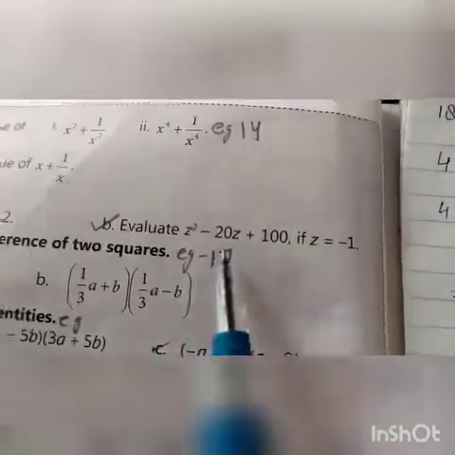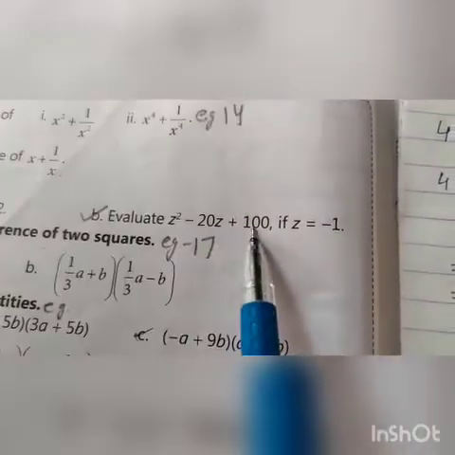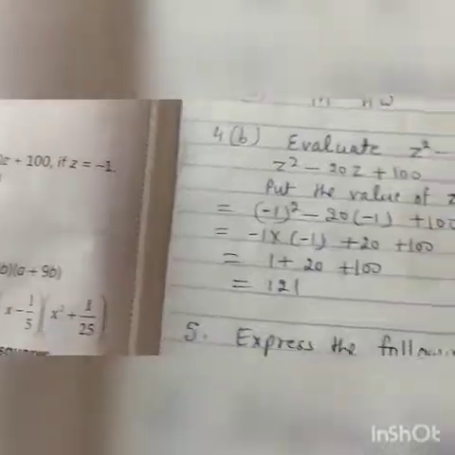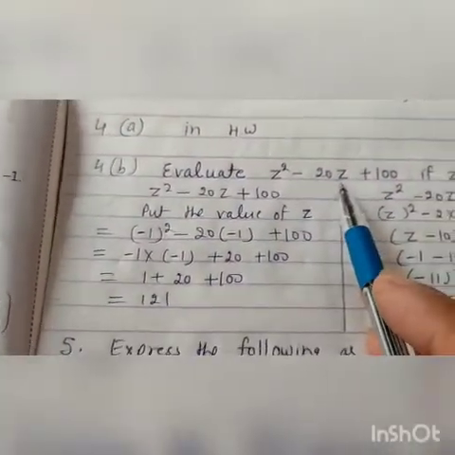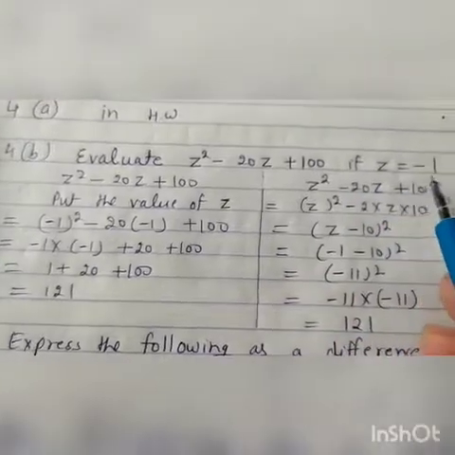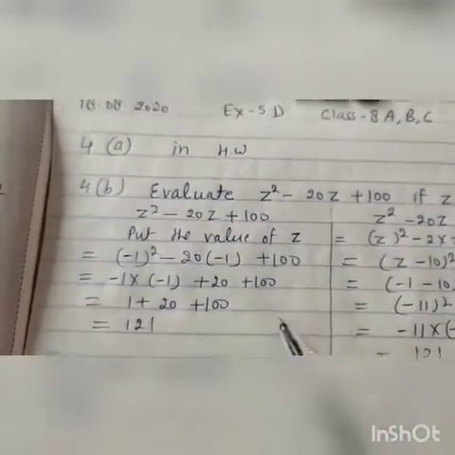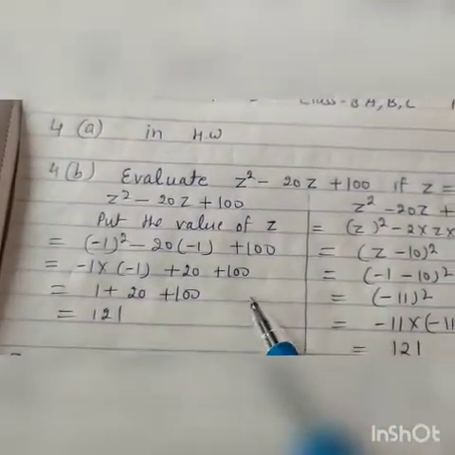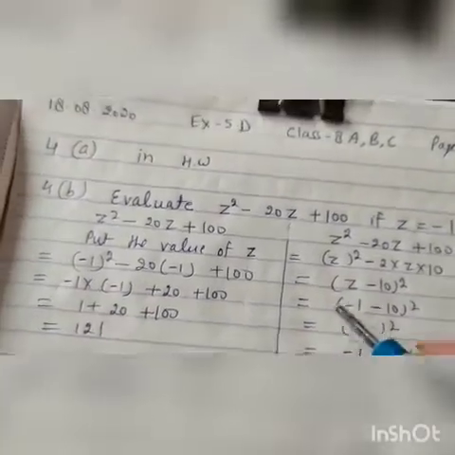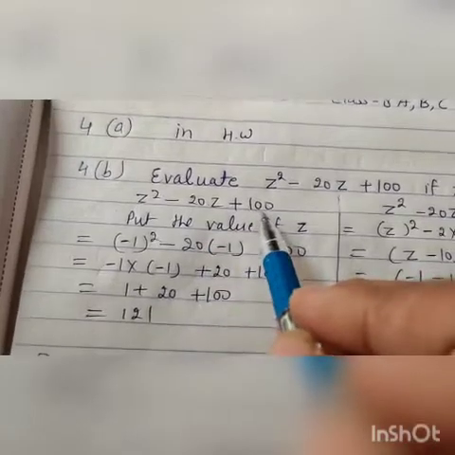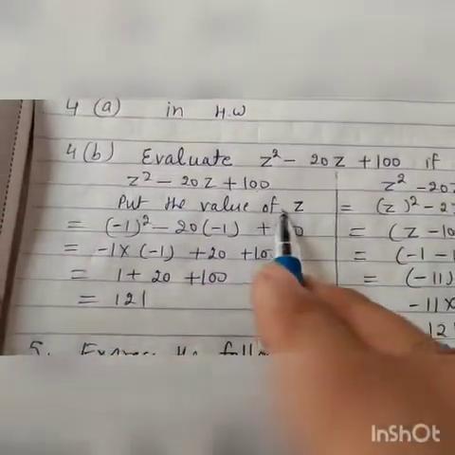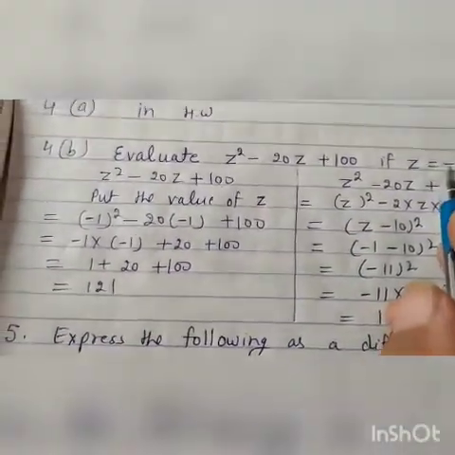Evaluate z square minus 20z plus 100 if z is equal to minus 1. See, it's B part. I told you we can do it by two methods. This is the first method, z square minus 20z plus 100. Put the value of z directly. Value of z is minus 1.